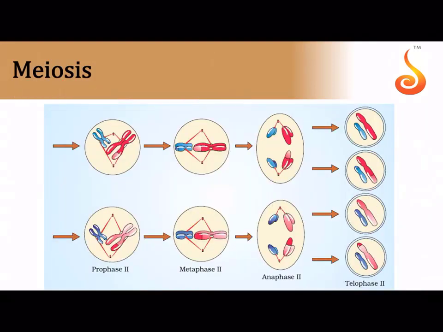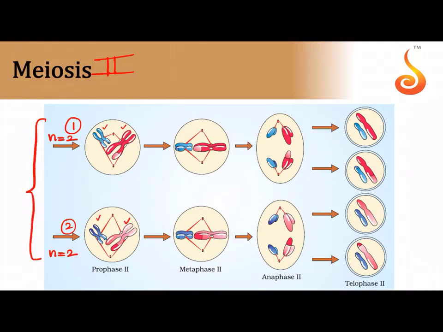This is not the end, because each of these cells will now undergo meiosis 2. So we got daughter cell 1, daughter cell 2. We'll write it as n equals 2, n equals 2, because they have only 2 chromosomes, but their mother cell from which they started division had 2n equals 4. So they have become haploid.